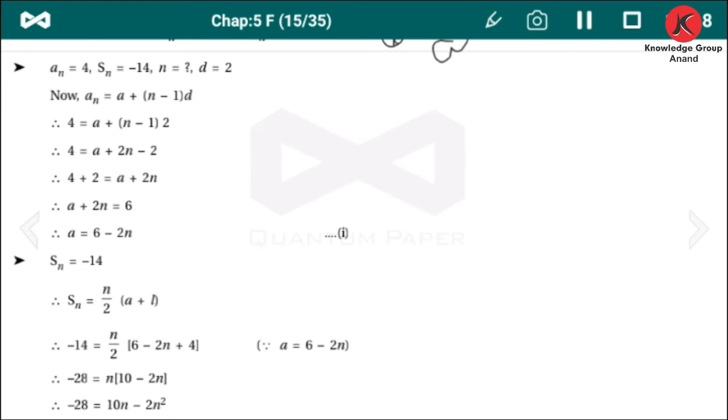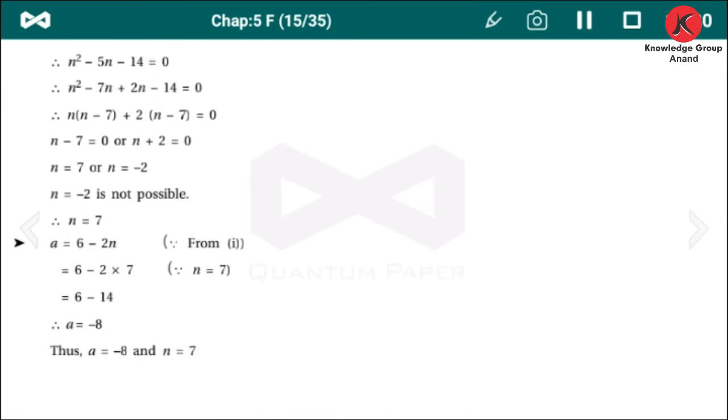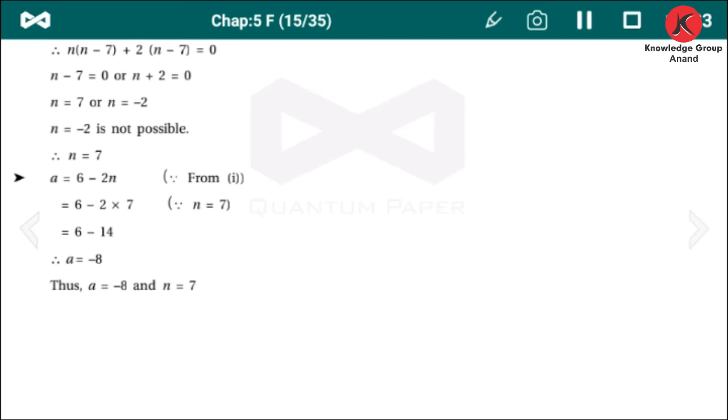Then we get n is equal to 7, and put n is equal to 7 in equation number 1. a is equal to 6 minus 2n, 6 minus 14, therefore a is equal to minus 8, and n is equal to 7.